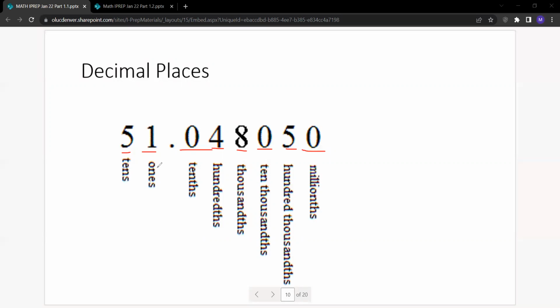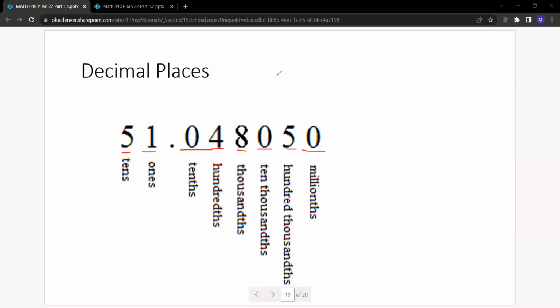Something that's kind of weird about decimals is that we skip the ones. In non-decimals, you have ones, tens, and then past that hundreds, thousands. But when we go into decimals, we don't have a ones. It starts at tenths. So that first number is always tenths. So tenths, hundredths, and so on.